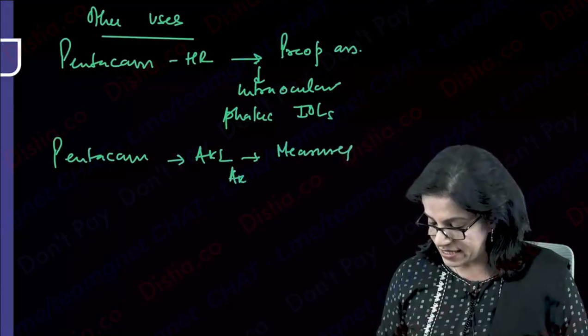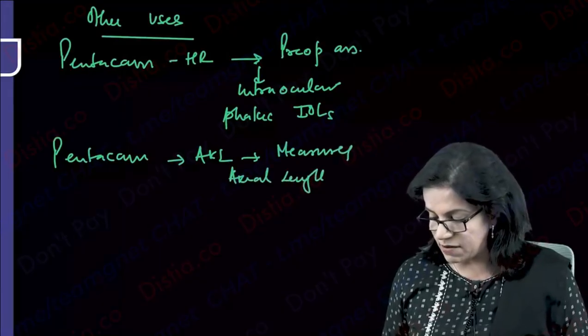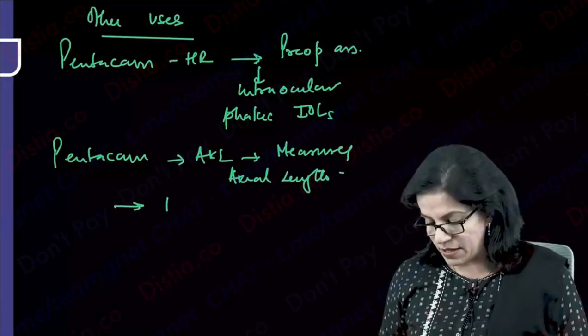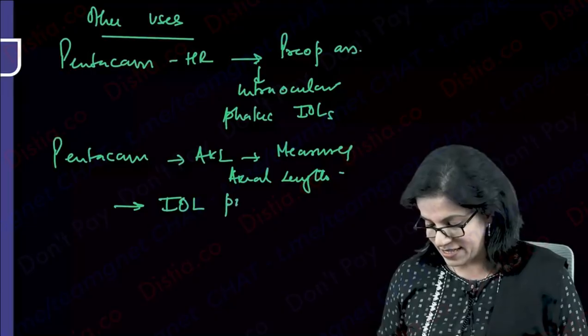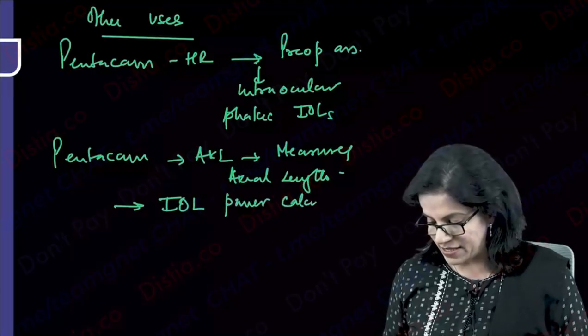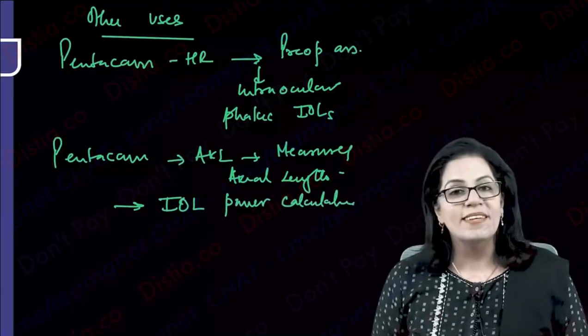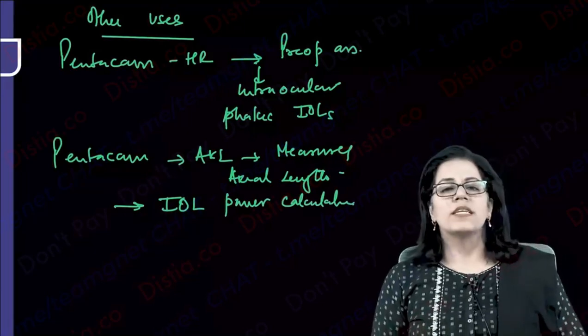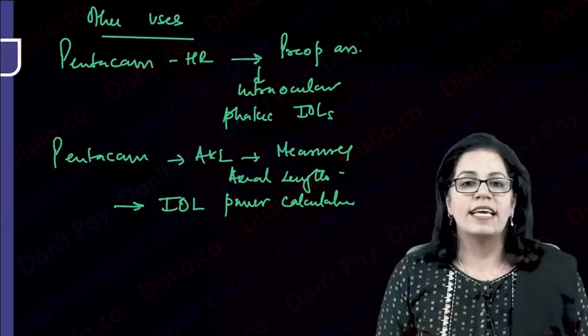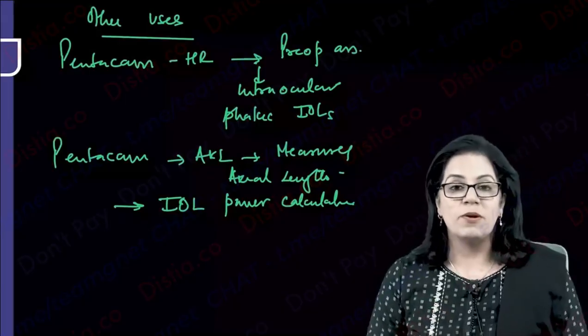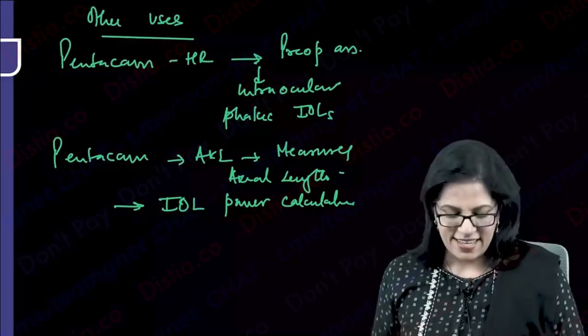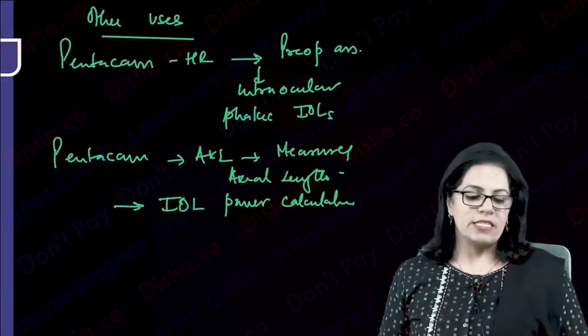When it measures axial length, it is helpful for IOL power calculations. And of course also in assessment of corneal ectasia and so on. So this was about your tomography and about pentacam and its uses.